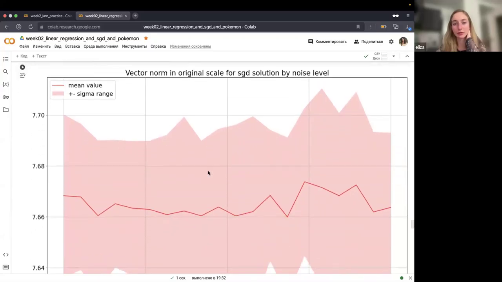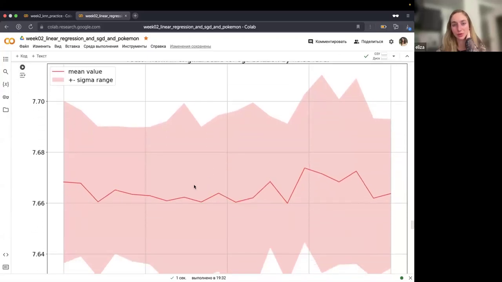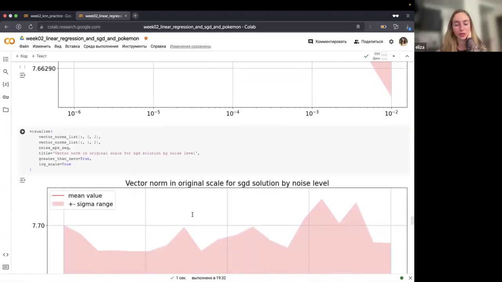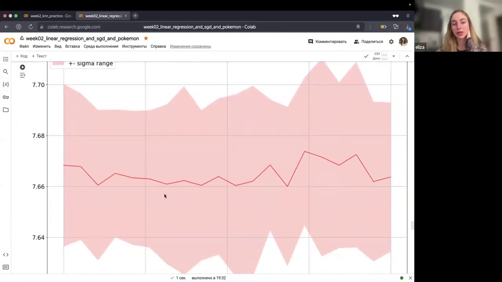And in the gradient, sorry, in the stochastic gradient method, you get a solution which doesn't depend on collinear features, because on every iteration you take a really random and different part of your training data.